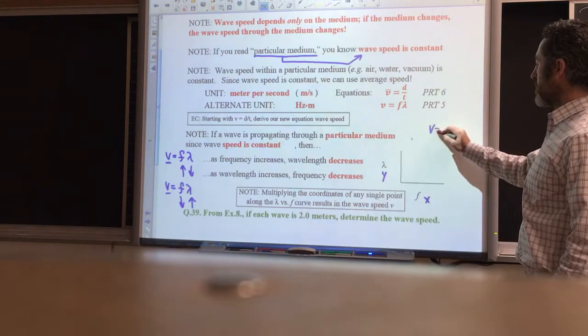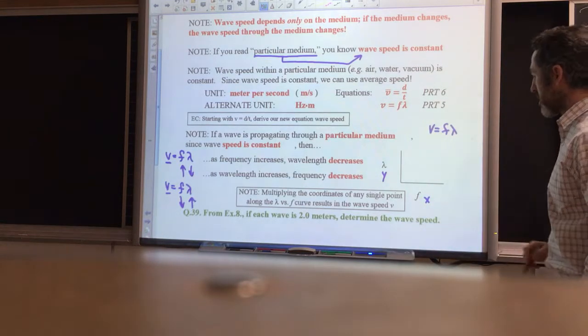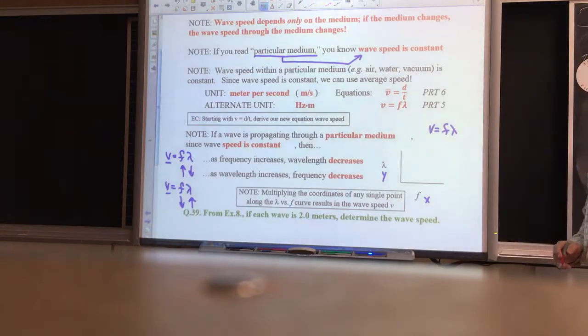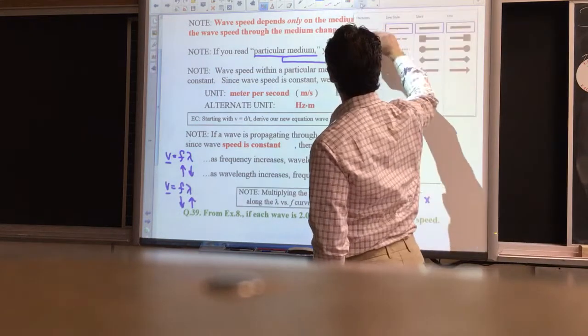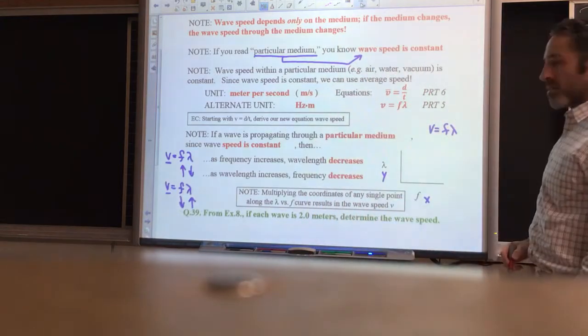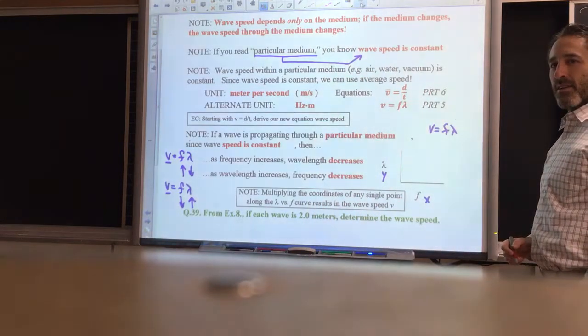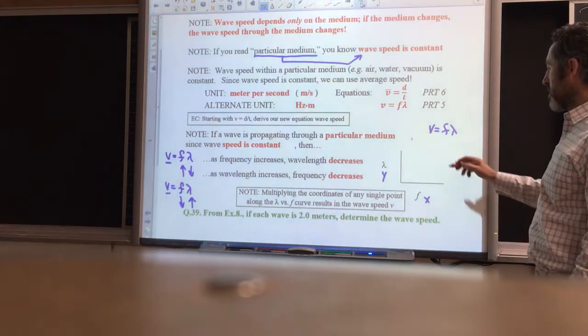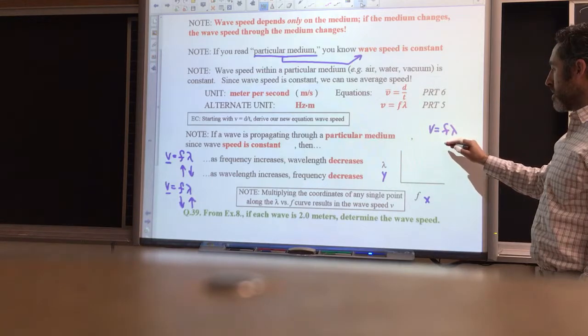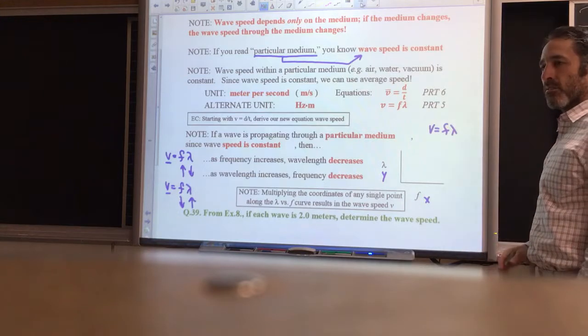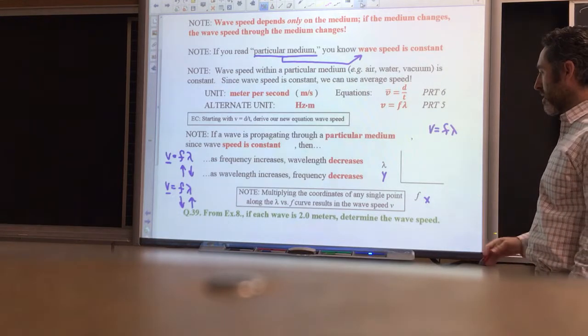Your equation, v equals frequency times wavelength. Rewrite it. How are you going to rewrite it? Just put in the letters and the ones. Make that easy. We'll rearrange after.